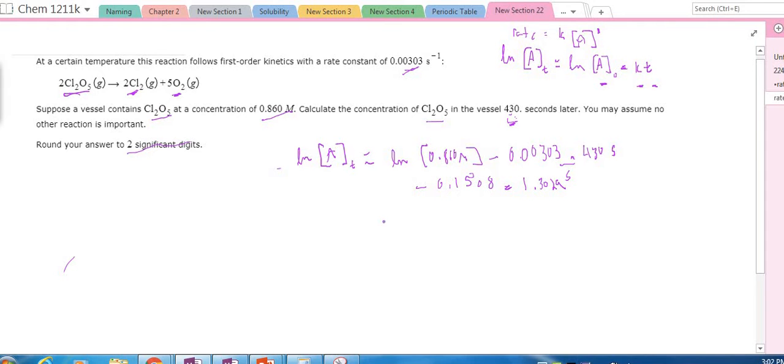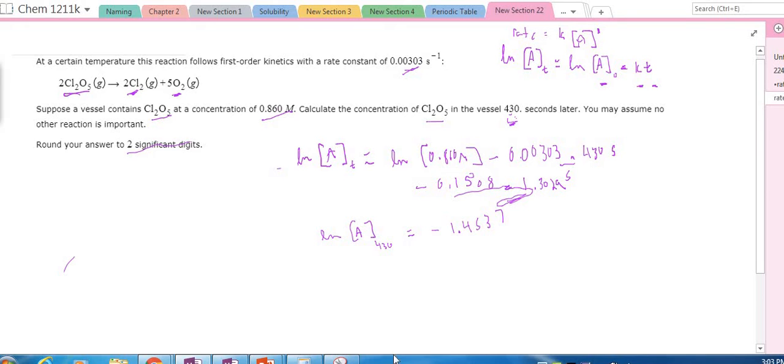1.3029. Now I'm going to say that the natural log of A at time point 430, which is what we're interested in, is going to equal minus 1.4537. That's what I get when I do this little bit of math right here.